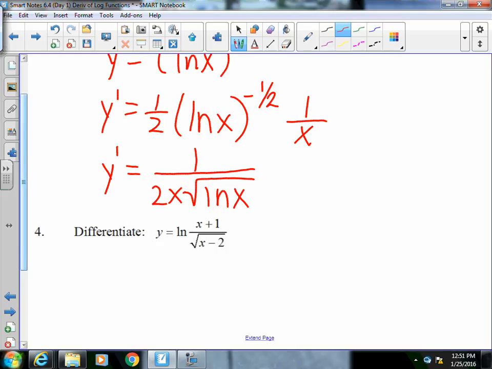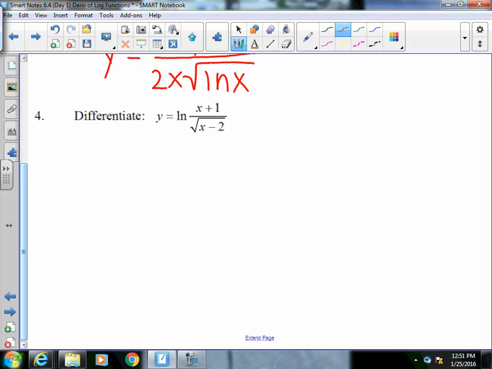Interesting enough, there are a couple of approaches here. We could put 1 over that whole fraction of x plus 1 over radical x minus 2, or maybe we should do some algebra first before we find the derivative. What if we did this?